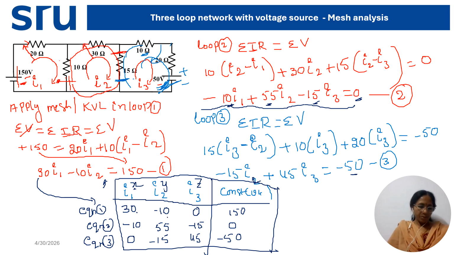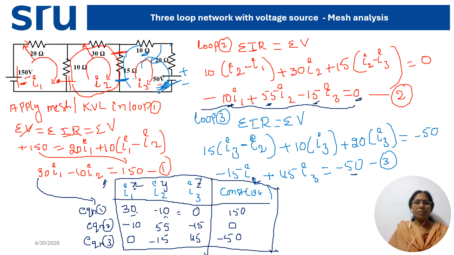Minus 10, equals, then the third number 0, equals, then the next number 150.